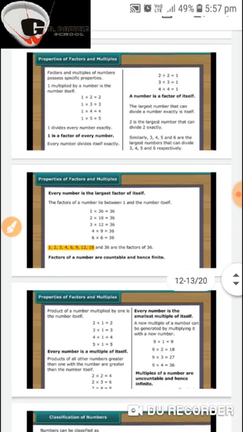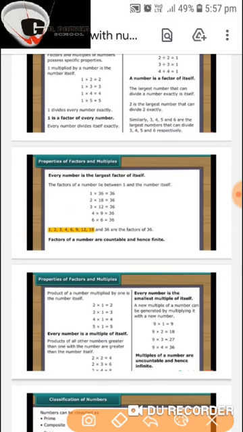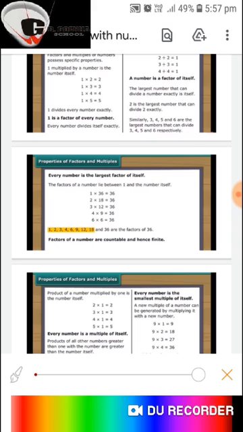The third property is that every number is the largest factor of itself. Now what does that mean? Let us take an example that's here on the screen. That's the number 36. Its factors are 1, 2, 3, 4 and 6, and so on.